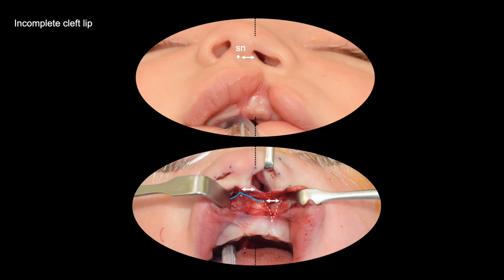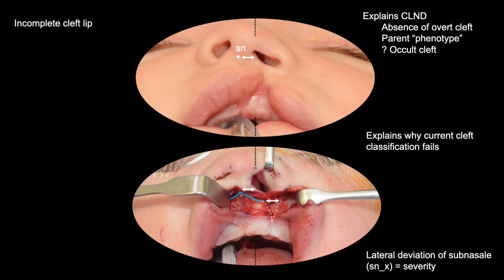If you look under the surface, there's a little bony defect that accounts for the shift in the anterior nasal spine away from midline, and explains why you might have a cleft lip nasal deformity in the absence of an overt cleft, or perhaps a nose that is consistent with such a phenotype.